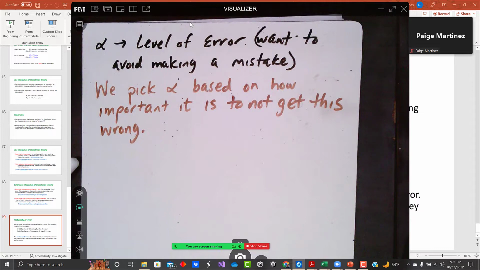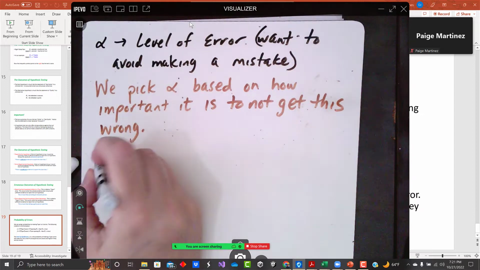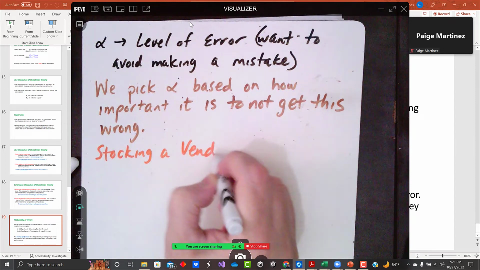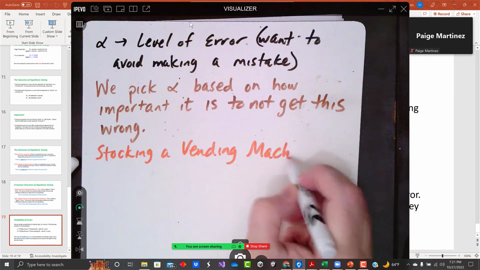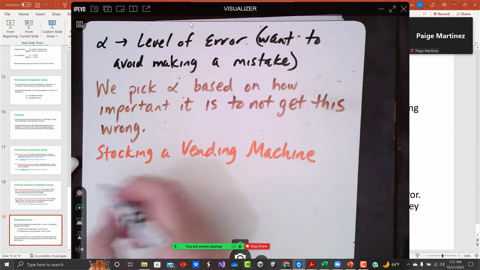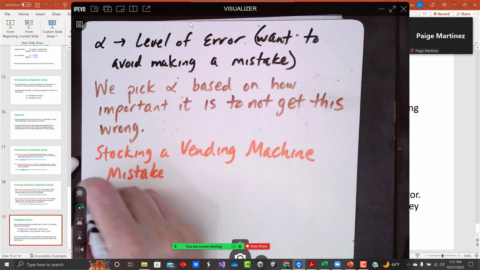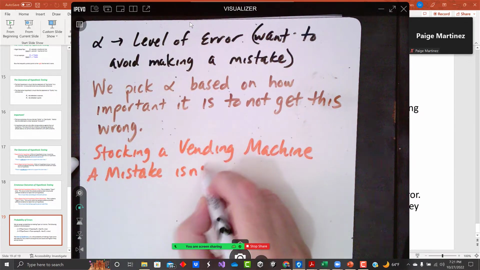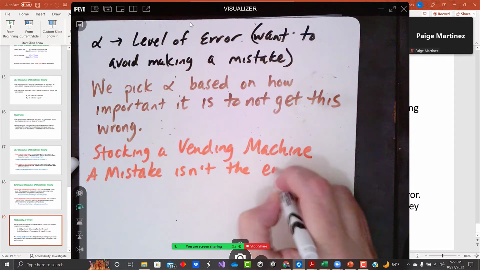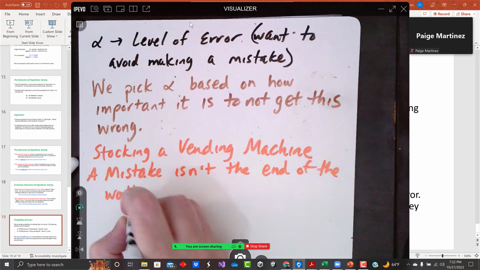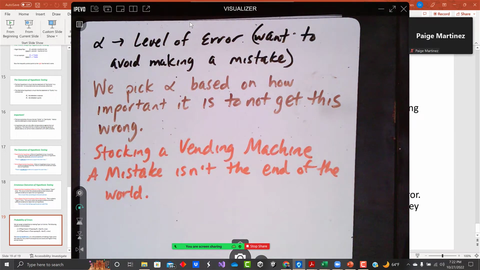Okay. If you were doing statistics on stocking a vending machine, if you're doing stats on this, a mistake isn't the end of the world.